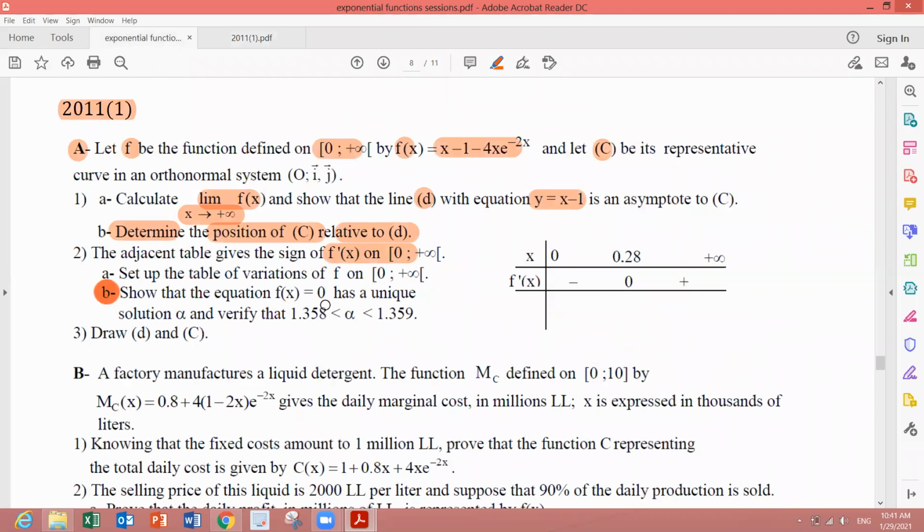B. Show that the equation f(x) equals 0 has a unique solution alpha, and verify that alpha is between 1.358 and 1.359. What do we do here? How to verify f(x) equals 0 has one root.